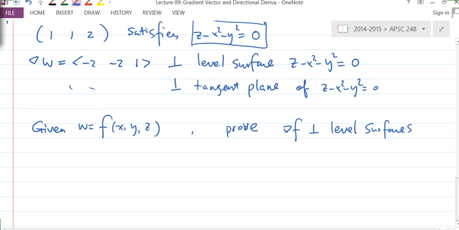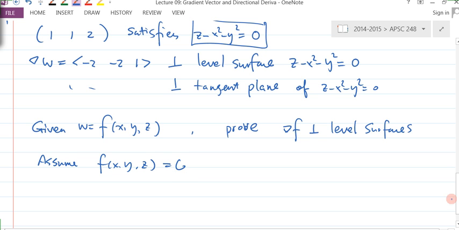Here's what we do. Because we're talking about a level surface, suppose we have one level surface, which means we let w equal to c, for a certain constant c. For example, z minus x squared minus y squared is a level surface.